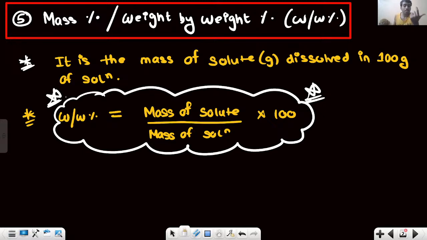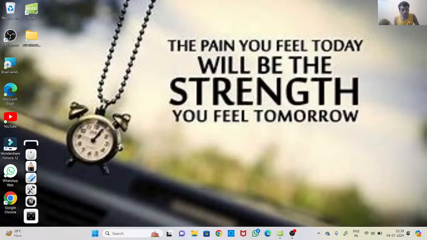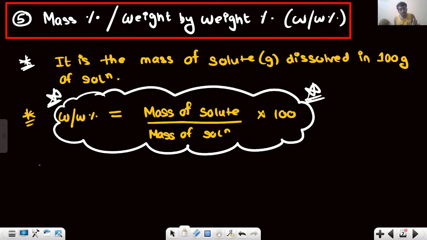Weight by weight percent, and it will be given. It means the mass of the solute is given in the question, divided by the mass of the solution, not the mass of the solvent. When we have seen molarity, there was mass of solvent, but here it is not the mass of solvent. Here it is the mass of the solution. That is, a little bit different. That you remember. Is it clear? So if I am talking about weight by weight percent, it will be the mass of the solute divided by the mass of the solution into 100. It's a very simple one. Nothing to worry about.